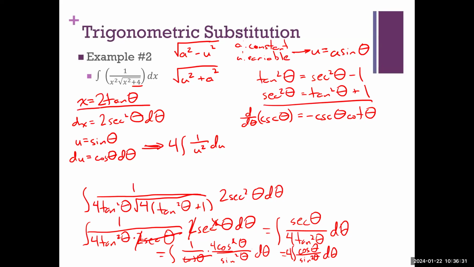I'll break that into 2 pieces. Why did we choose tangent instead of any of the other 5 trig functions? Because tangent is the only one that you can add to 1 and make a substitution. Right, and that's basically it: underneath the radical, what do we have?